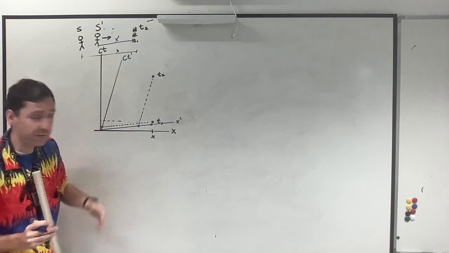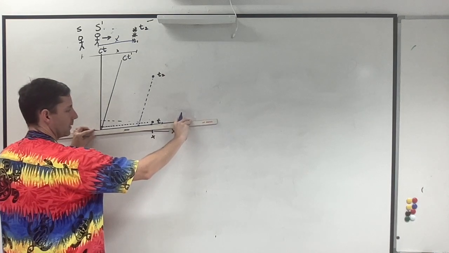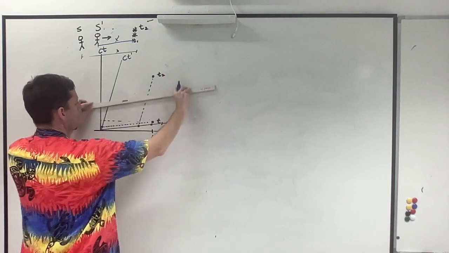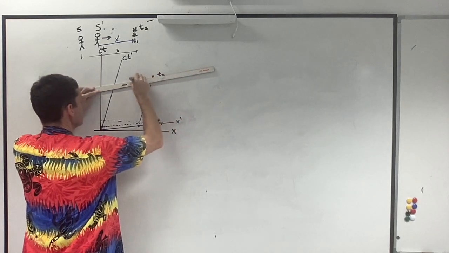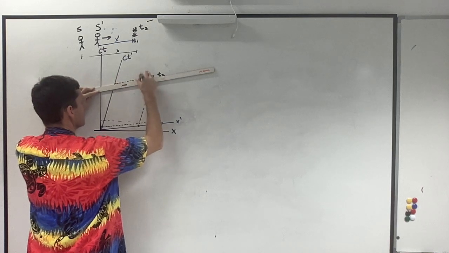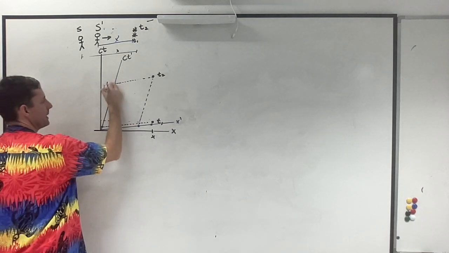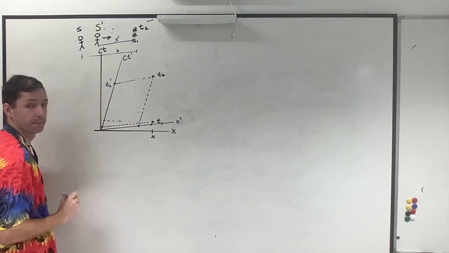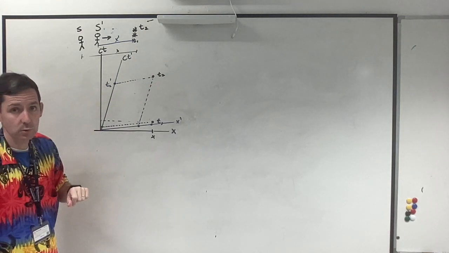Now to get the time for that, again, we'll take our x prime graph, we'll keep parallel to that, and we'll go like this. Oops, that didn't work as well as I hoped. There we go. And so that right there would be t2 prime. And again, you'll notice that that happens sooner than this one.